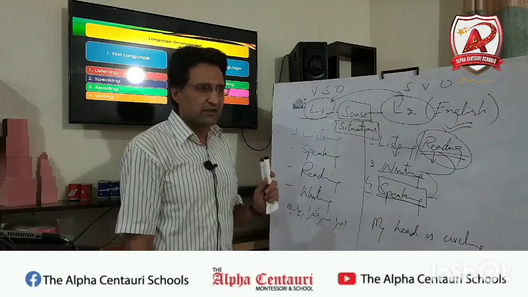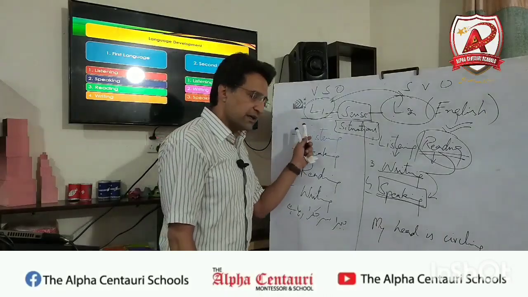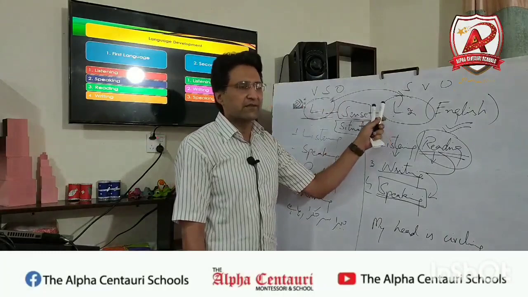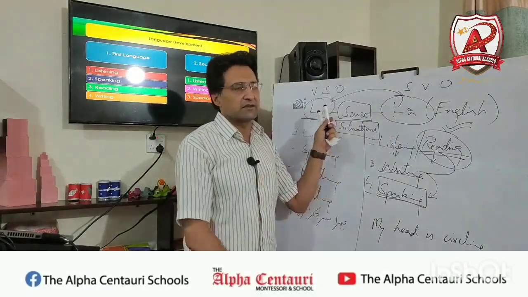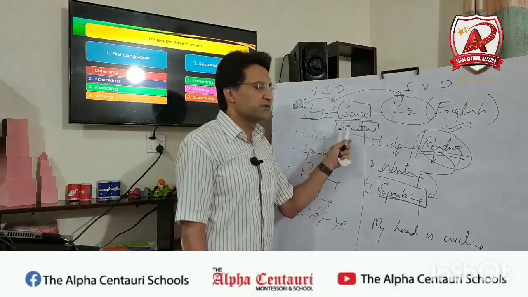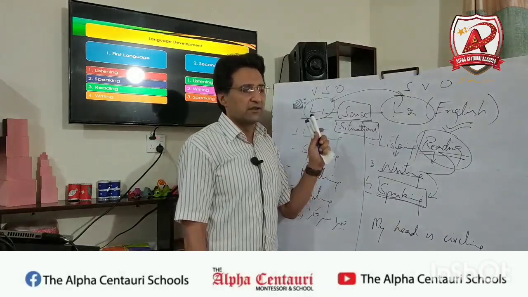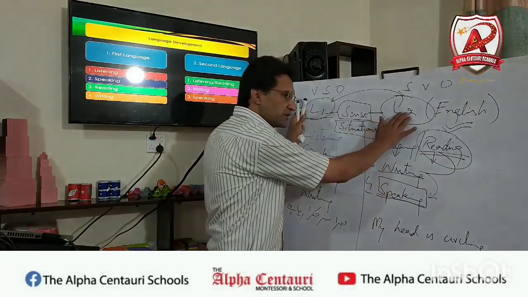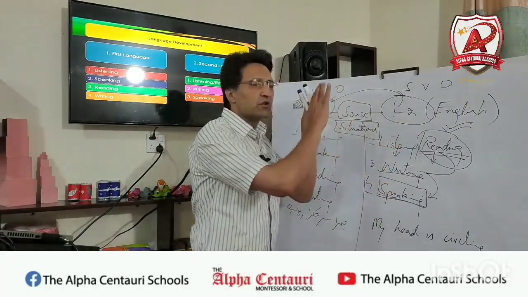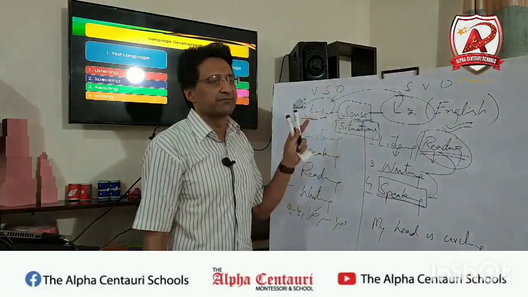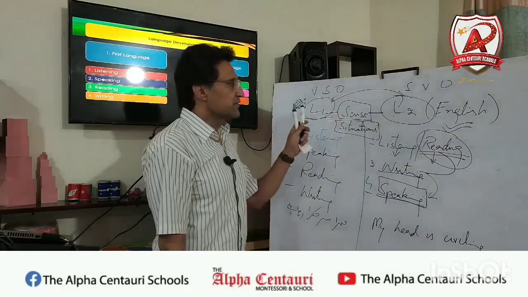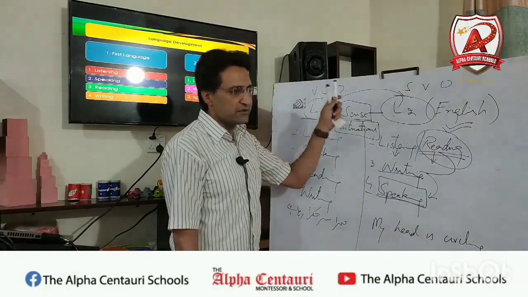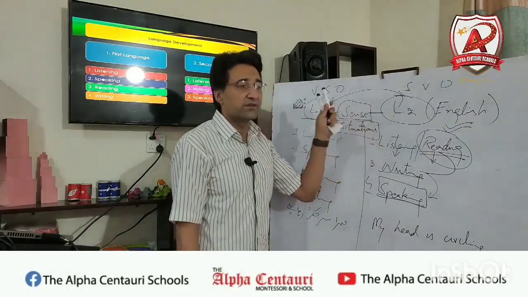Am I clear, ji? To translate from one language into another language as per its sense is correct. As per situation is correct. But the structures of both the languages could be totally different. If I start translating one language into the other language word by word, this is wrong.